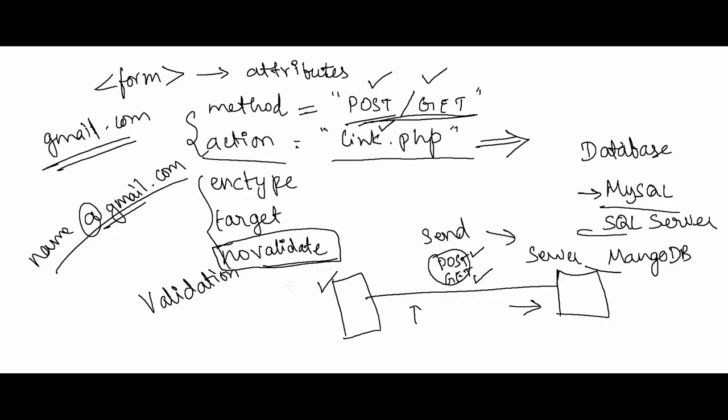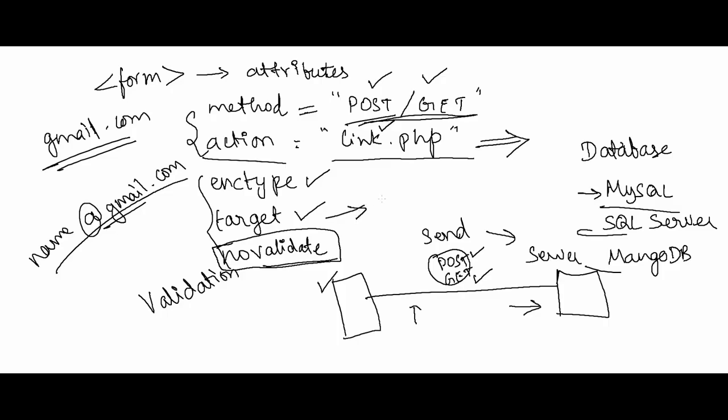Okay, I strongly recommend validation. It's a very important part of a form. Here we have two attributes left. So one is encryption type and another one is target. So these two types of attributes are rarely used.